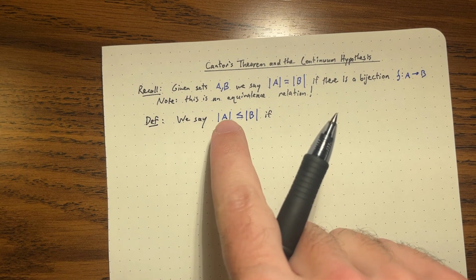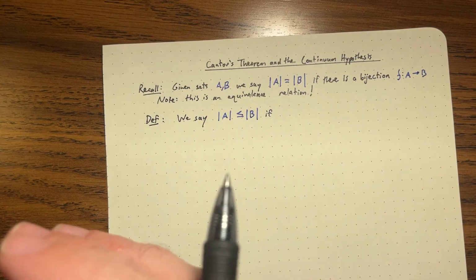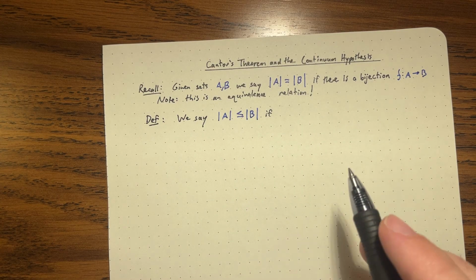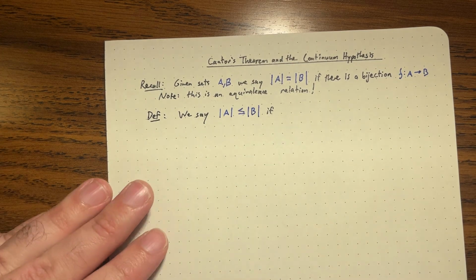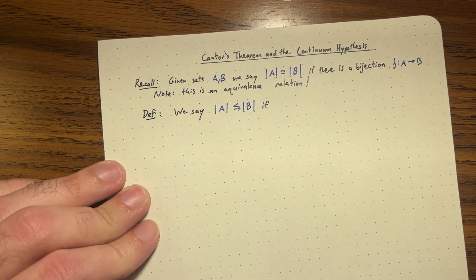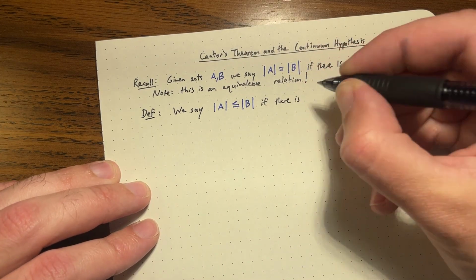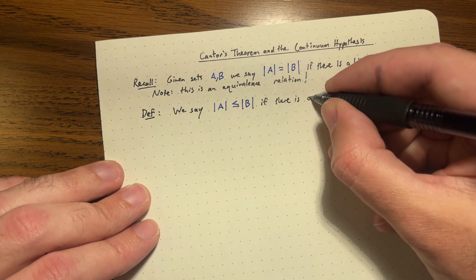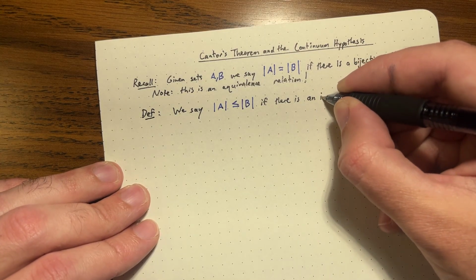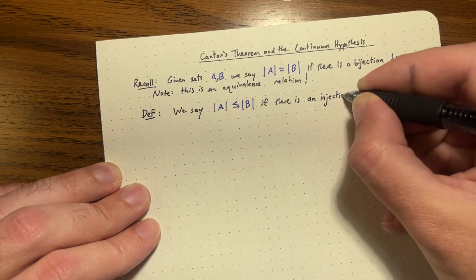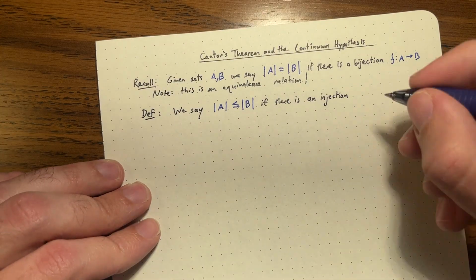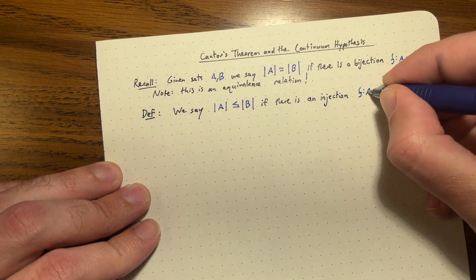It shouldn't mean that A has fewer elements than B, because again, that doesn't make sense for infinite sets. So let's try to phrase it in terms of a function. There are a couple of ways we could do this, but one way is if there is an injective function, an injection, from A to B. Here the order is important.